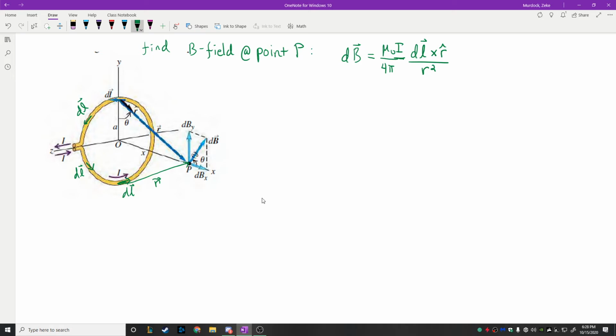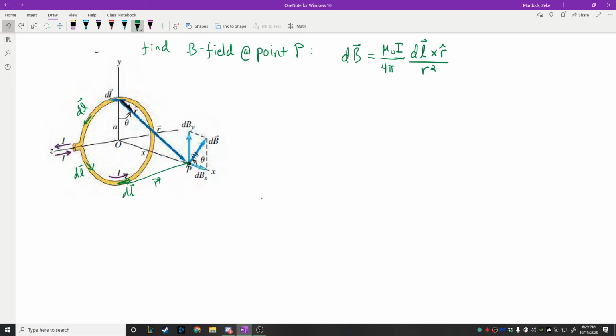But if we come down here, I would argue that now if we do dl cross r, we're going to get a vector that is kind of equal in size, but kind of not exactly opposite in direction, but opposite enough that the dBy's are going to cancel, while the dBx's will add. So this piece and this piece here are going to be equal and opposite to each other. Can you imagine that in your head? In spite of my horrible drawing here?